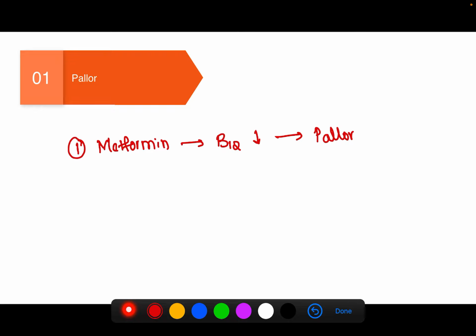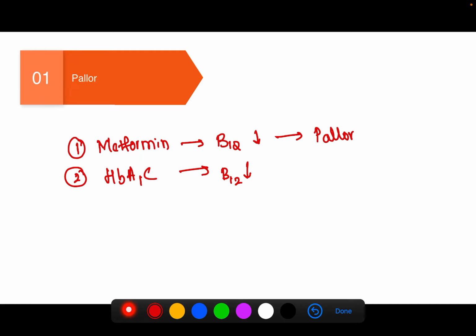The second reason is, glycated hemoglobin is an important test to control or to monitor diabetes. HbA1c. Iron deficiency anemia and megaloblastic anemia can falsely show elevated HbA1c levels.